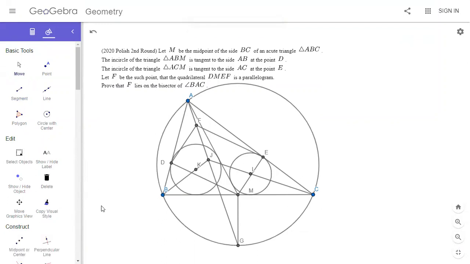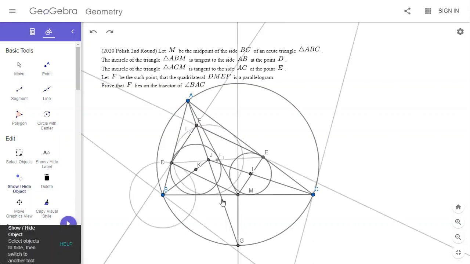Okay. This is tricky. So yeah, could we bash this using law of sines? I wonder. Hide that.